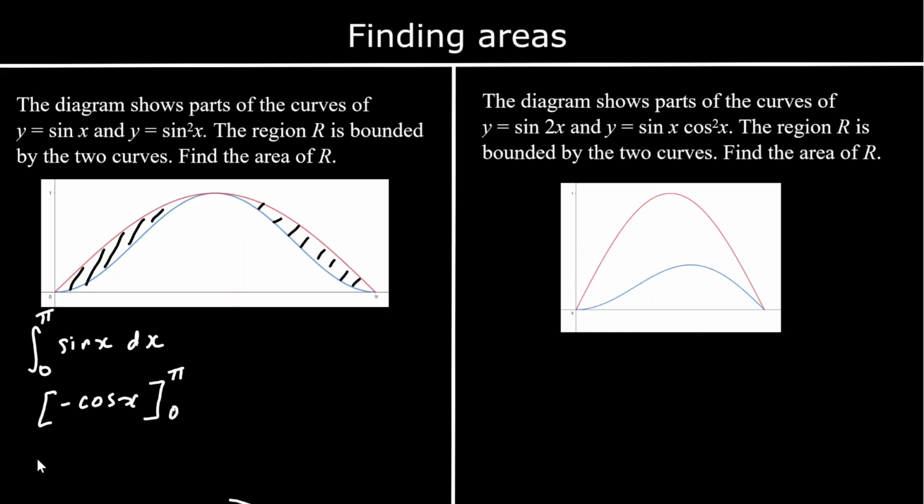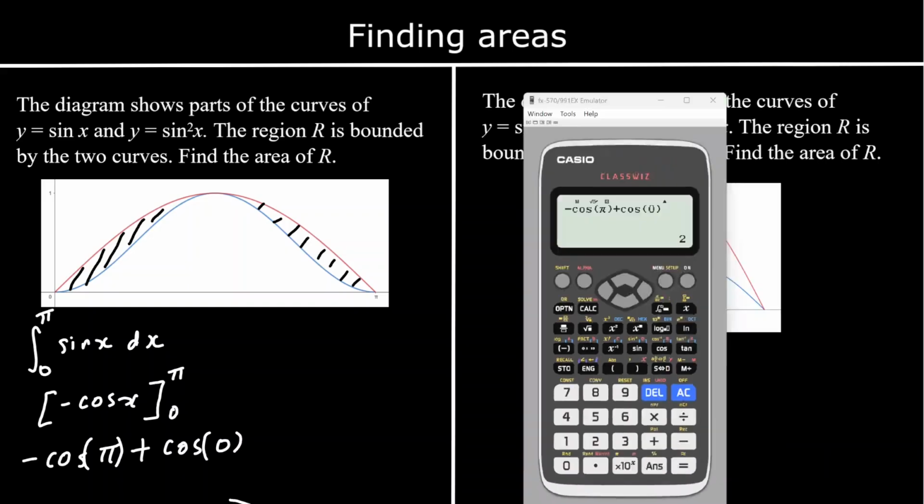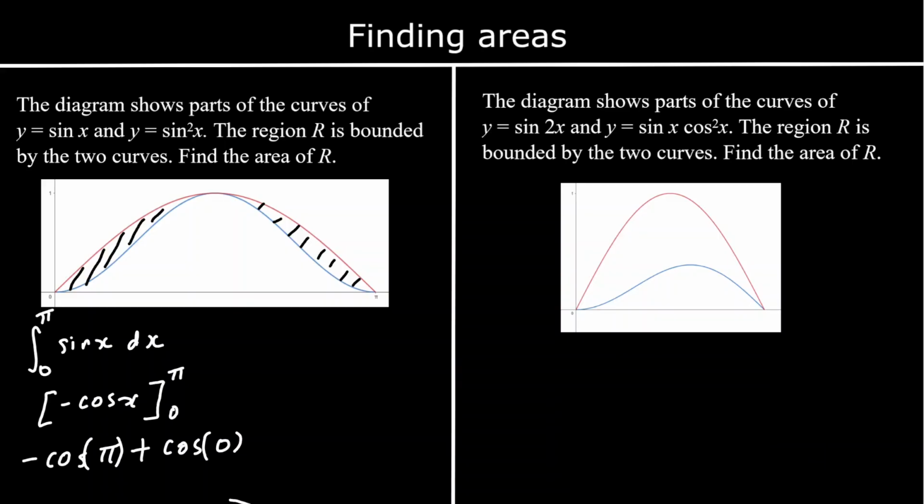So it would be negative cos pi minus, so plus cos 0. So we've got negative cos pi plus cos 0, and that is 2. So we've got 2.